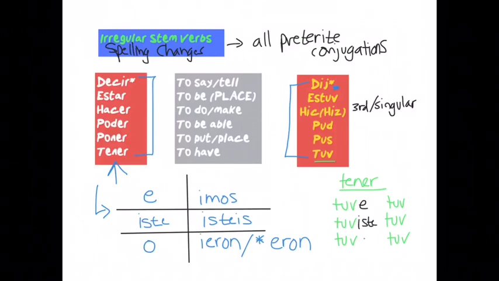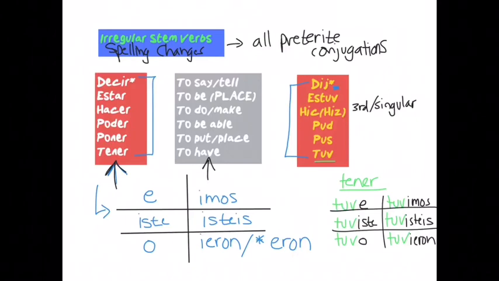Tuve, tuviste, tuvo, tuvimos, tuvisteis, and tuvieron. That's how I conjugate the irregular verb tener in the preterite tense, using its new stem with its new spelling and these endings. And this is how it's going to work for all of these verbs.